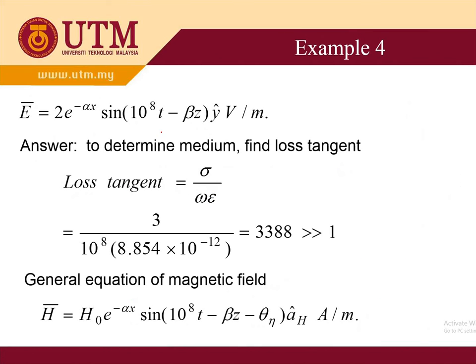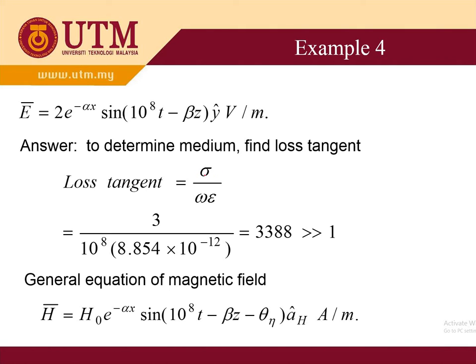So E is actually 2 e to the exponent negative alpha x sine of 10 to the 8 t minus beta z, in y direction, volts per meter. Answer: to determine the medium, we find the loss tangent.